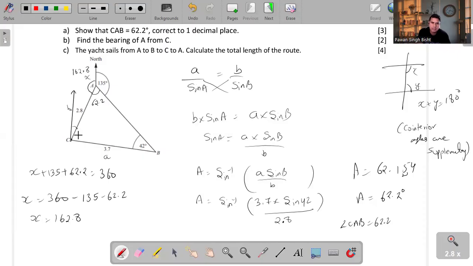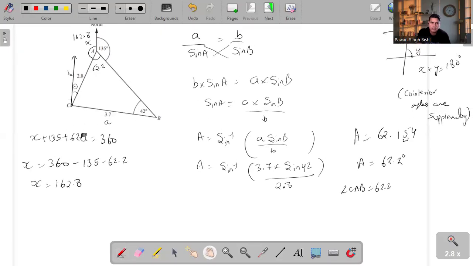You have to calculate this angle, which is theta. Right. So the sum of these two angles is 180. X plus theta equals 180. Same reason, co-interior angles. So theta will be 180 minus 162.8. Right. So from 180, if you subtract 162.8, you will get 17.2.